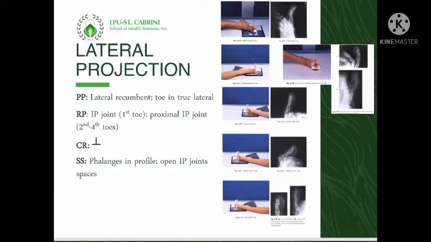The central ray is directed perpendicular through the interphalangeal joint for the great toe and through the proximal interphalangeal joint for the second to fifth toes. This projection will demonstrate a true lateral view of the affected phalanx with open interphalangeal joint spaces.